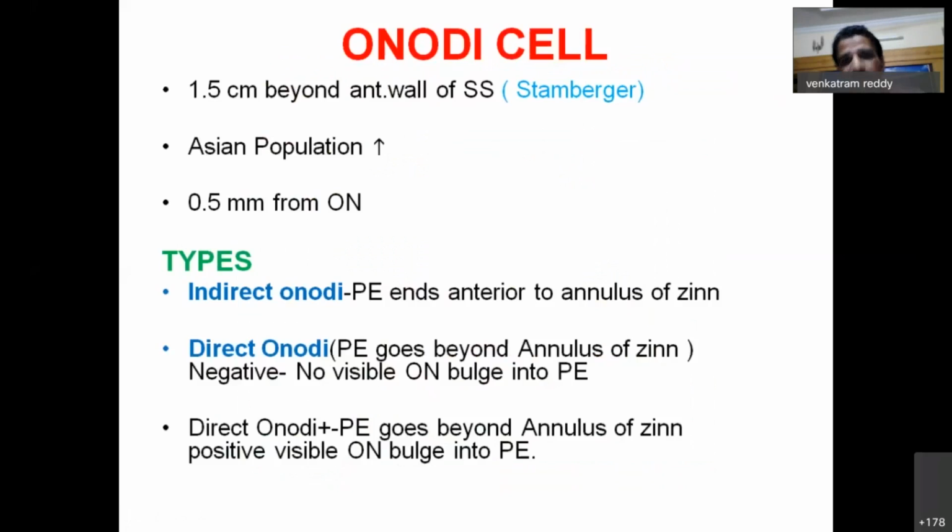And coming to Onodi. Everybody is aware of what an Onodi cell is.